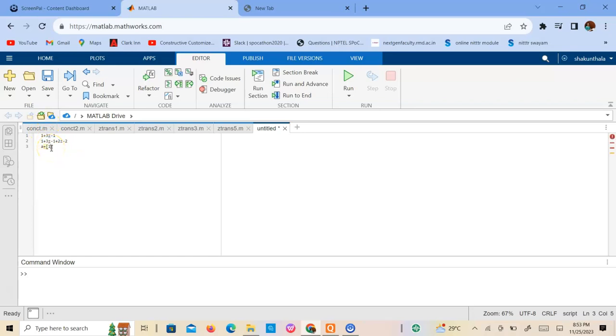So you give just 1 space 3, okay, and then the denominator coefficient is b, okay. So that we can give again using the square bracket. So what are all the coefficients? 1, 3 and 2. So 1 space 3 space 2. So always we have to use the semicolon to end the line, okay.